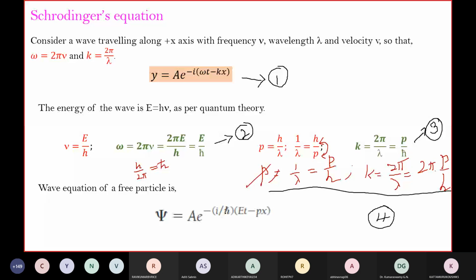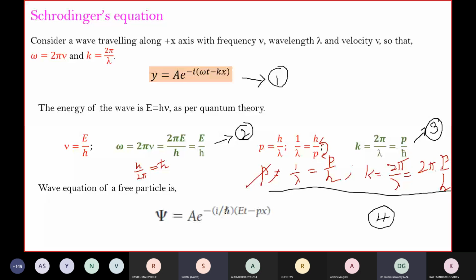The equation with P square. Sir, yes, so A P square i square by h cross whole square e power, you take it as minus 1.